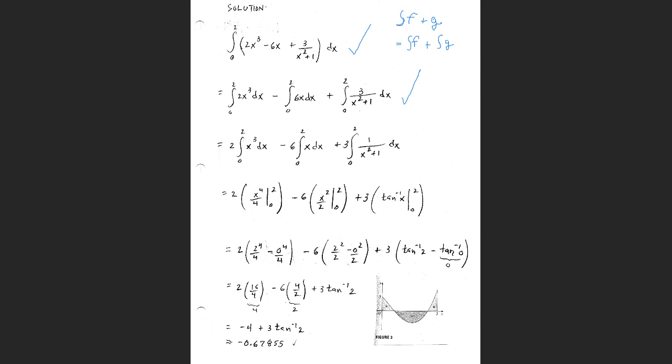So the integral of a sum is the sum of the integrals. And the integral of f minus g would be the difference of the integrals. So I think it's clear I can write my original definite integral as what I have here. Are there any questions on that?